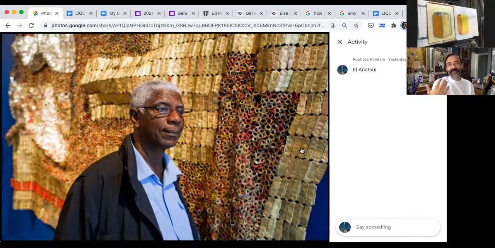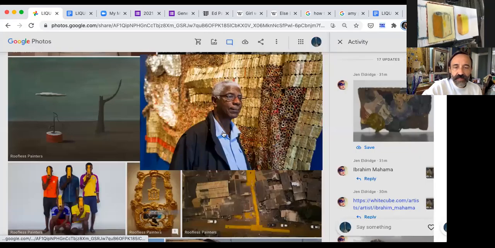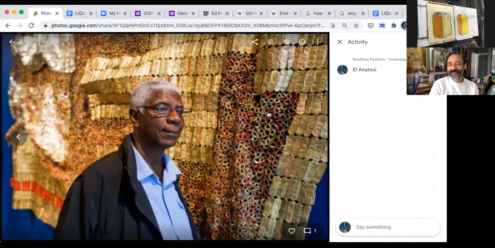I'm pretty sure before him there were other people, but Ibrahim is also a contemporary artist who's younger and uses this kind of process, but it's slightly different. But he is the grandfather of tapestry with recycled materials, if there's such a thing.